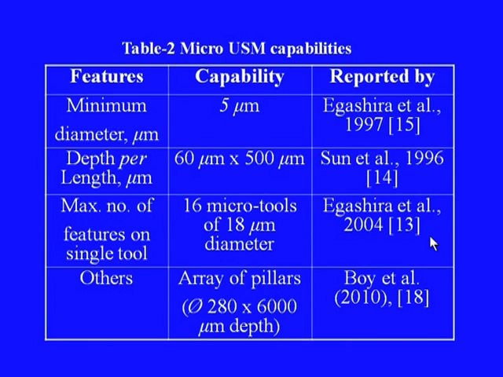He used 16 micro tools of 18 micrometer diameter in a single go, and then Boy et al. have reported an array of pillars with diameter 280 micrometer into 6000 micrometer depth, that is 6 millimeter. Up to 6 millimeter depth he could achieve.